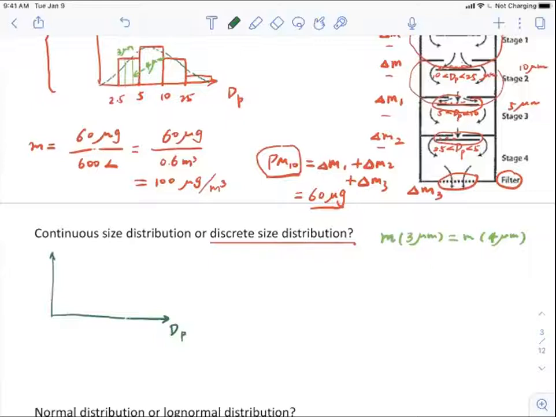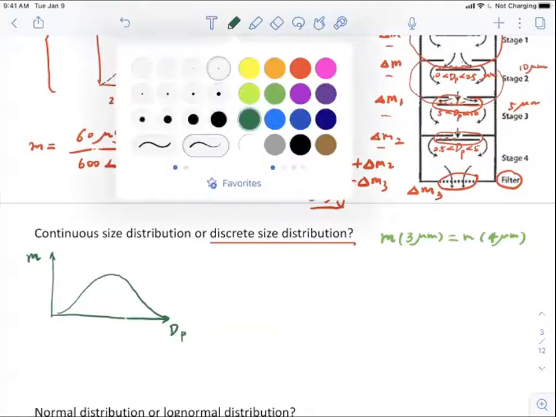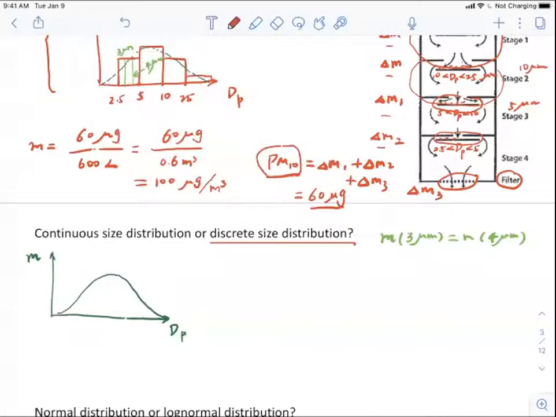So that's why people also come up with the size distribution that has a continuous form. If we still plot dP and mass concentration, instead of having a discrete size distribution, the ambient air is more likely to have this continuous size distribution, okay? It's also easier for people to do some mathematical calculations, right?